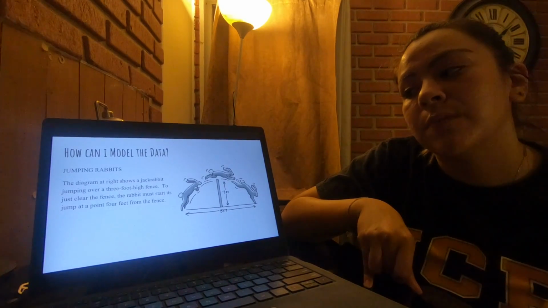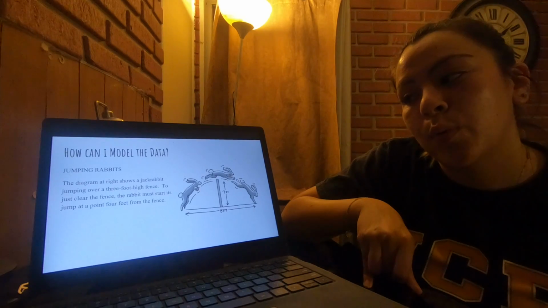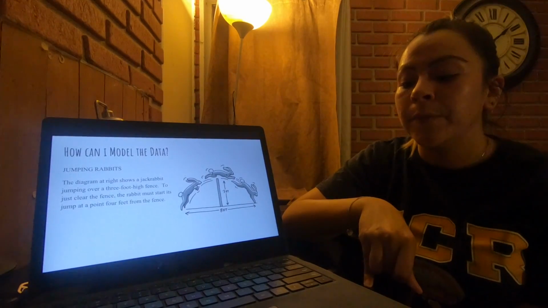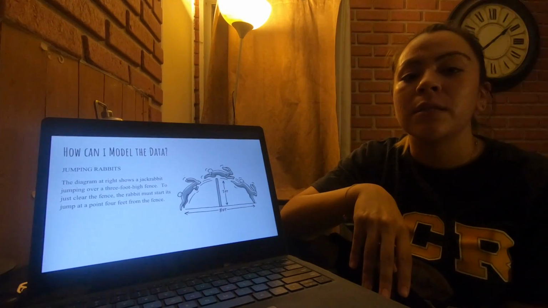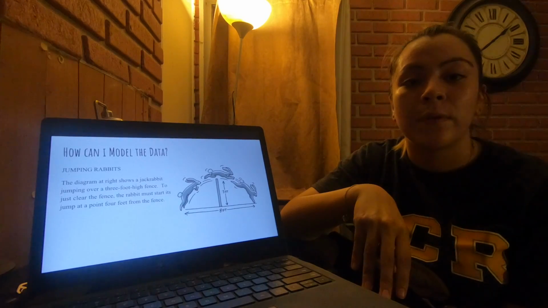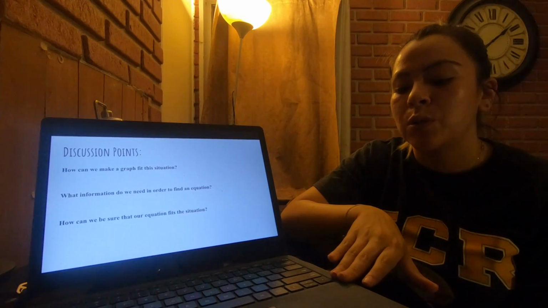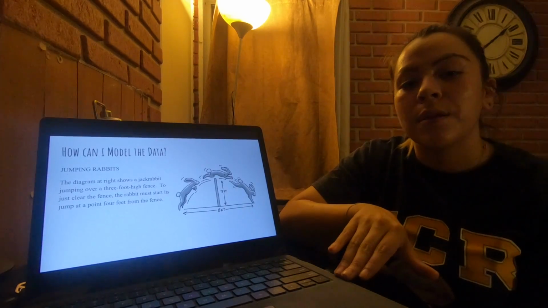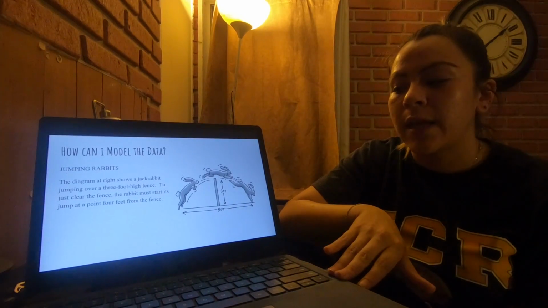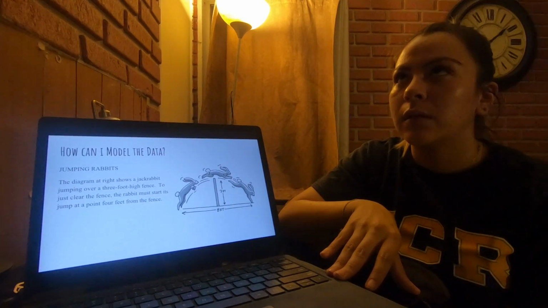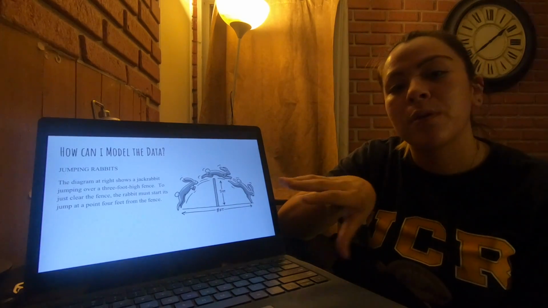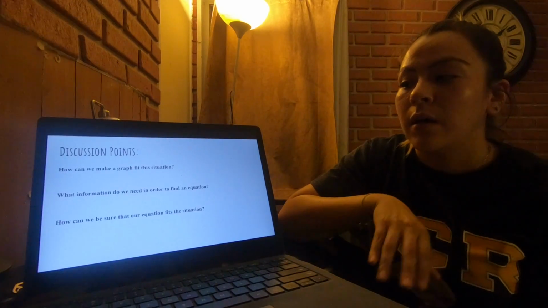To just clear the fence, a rabbit must start its jump at a point 4 feet from the fence. For this activity, I'm expecting students to break up into small groups of 3 or 4 students. The purpose of this is for students to analyze the jumping rabbits and to create a starting point that works for this real world example.